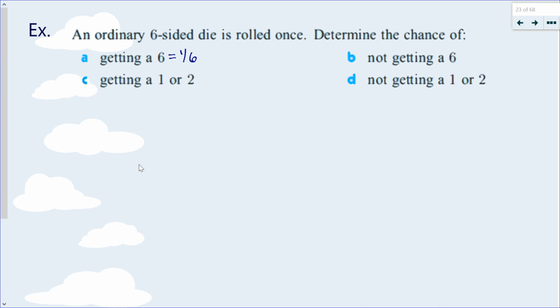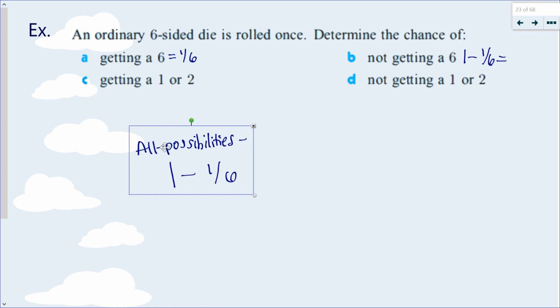So the probability of getting a 6 is 1 out of 6. Now for B, the probability of not getting a 6 is the probability of getting a 1, a 2, a 3, a 4, a 5. So it's the same as the probability of 1 minus 1/6. So that's called using the complement. So it is 1 minus 1/6. This is all possibilities minus the undesirable outcome.